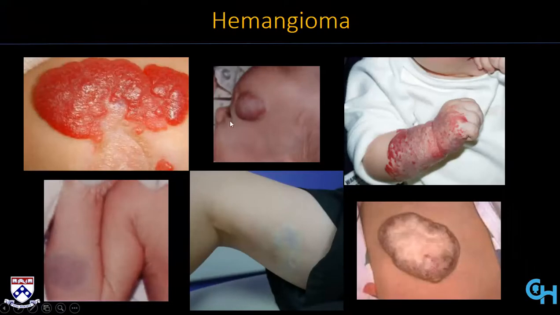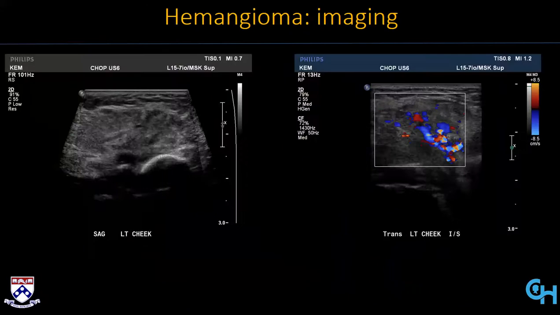And these are what hemangiomas look like. You can appreciate there is a varied appearance on them, and the variation is basically dependent on how extensive it is and how superficial it is. So large superficial lesions are much more visible than the smaller deep lesions would be, and the skin color also plays a role in visibility of these lesions. On imaging, on ultrasound, you will see a very lobulated, mildly hyperechoic lesion.